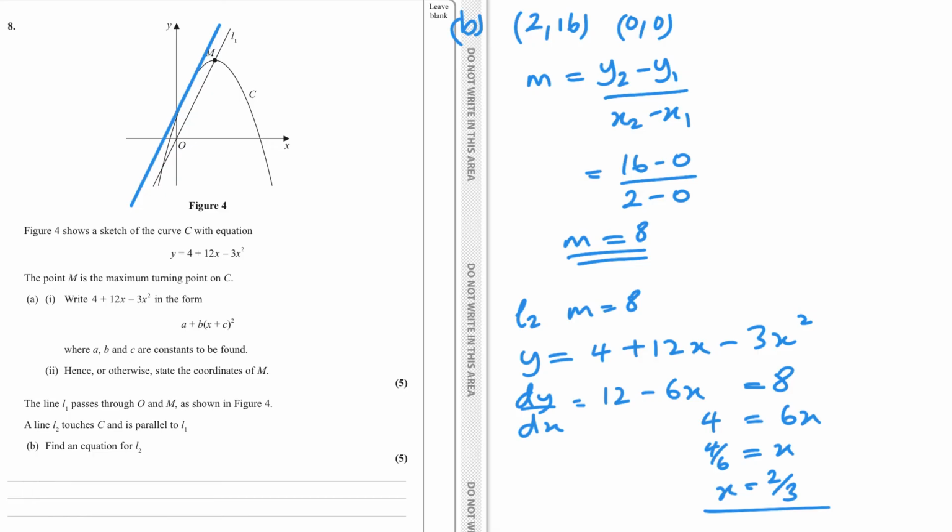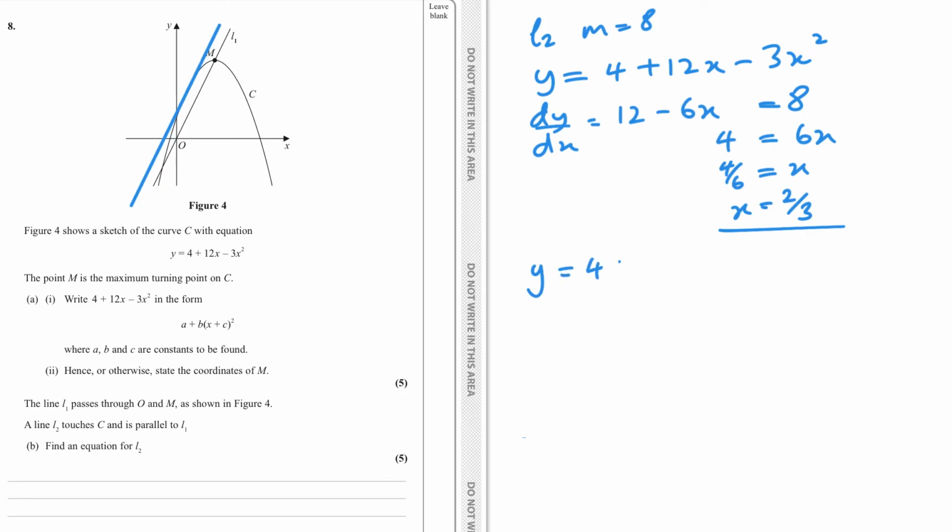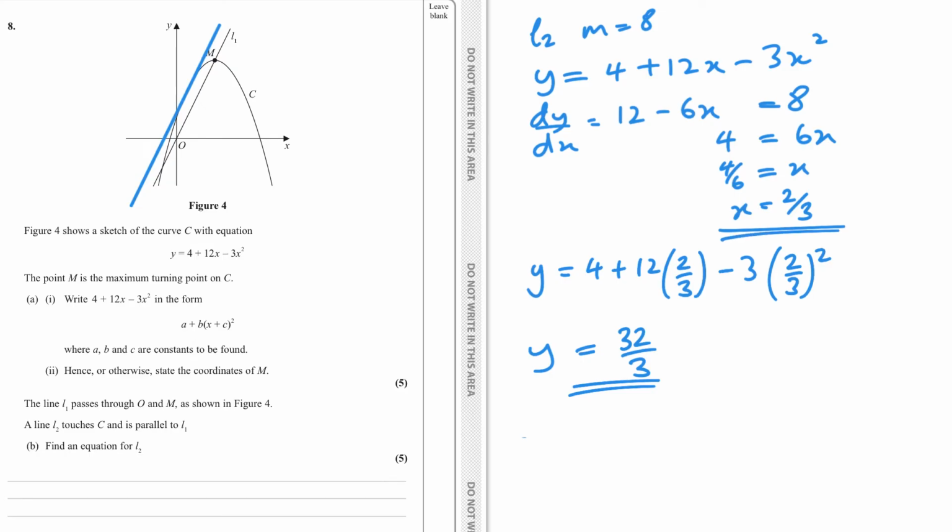Now I found out x, I need to find out y. So y equals 4 plus 12 lots of 2/3 minus 3 lots of 2/3 squared. And that gives me 32 over 3. Now I have my x, you can see up here, and my y. I need to find the equation of this straight line. Okay, so we know that m equals 8, and we know that it passes through 2/3 and 32 over 3.